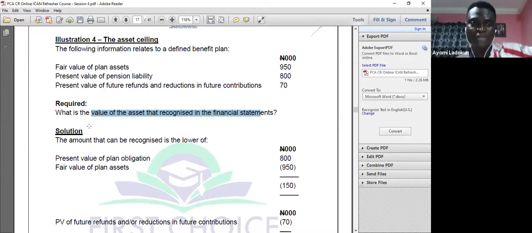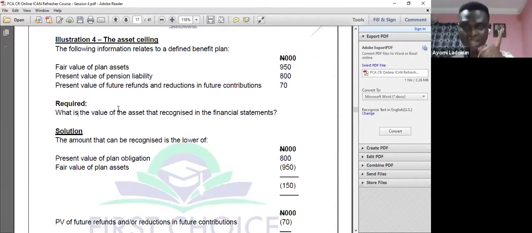Now, listen. According to IAS 19, whenever the fair value of the plan asset is higher than the present value of the obligation or pension liability, the difference, naturally, you take as an asset.